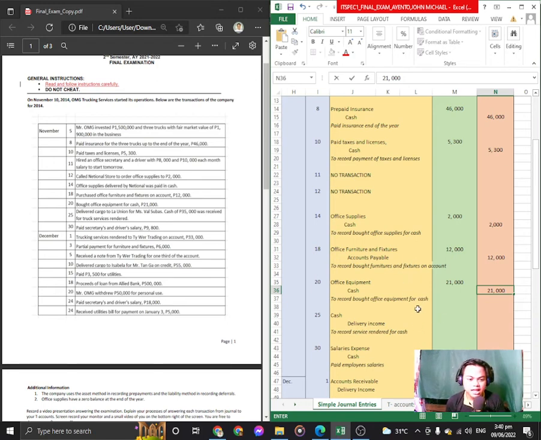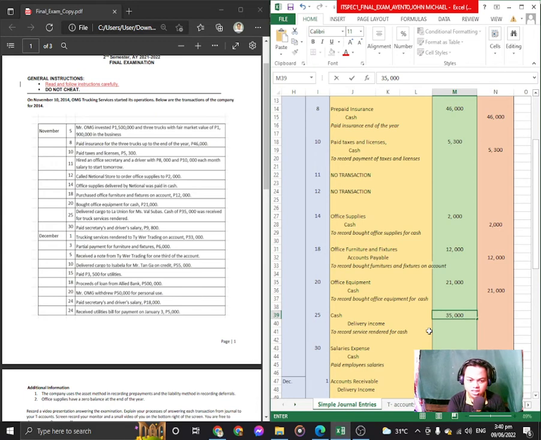Delivered cargo to La Union for Miss Valsubas. Cash of 35,000 pesos was received for truck services rendered. So cash is the debit, 35,000 pesos.